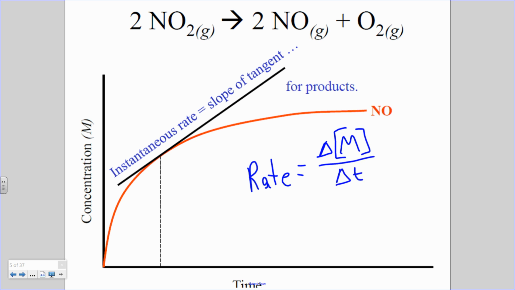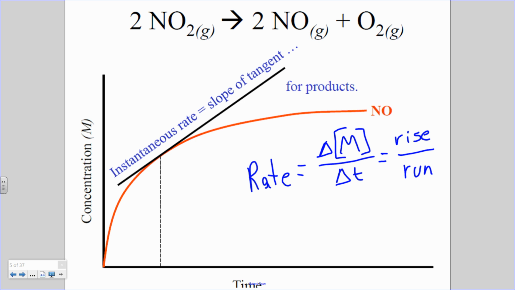Well, the change in molarity is the rise, and the change in time is the run for this graph. And so we get what you know to be the slope. The rise over the run is the slope. And so that is why the rate of that reaction equals the slope at any point in time.